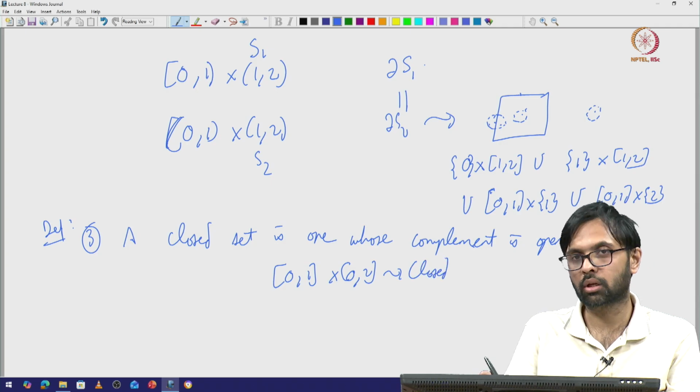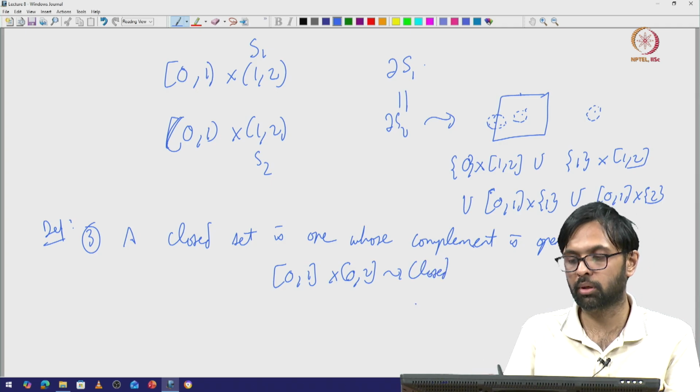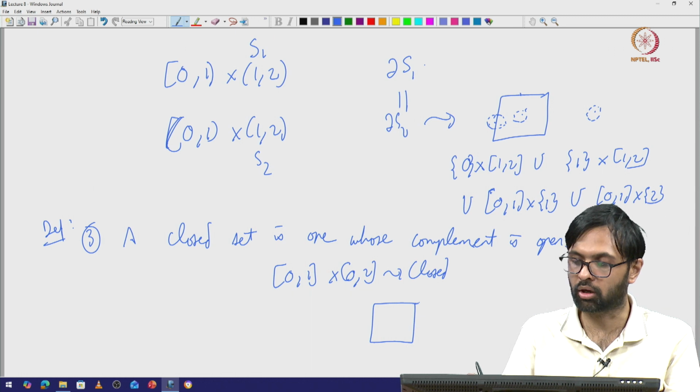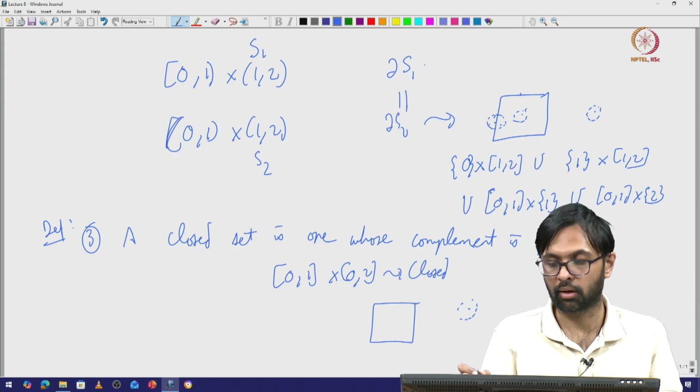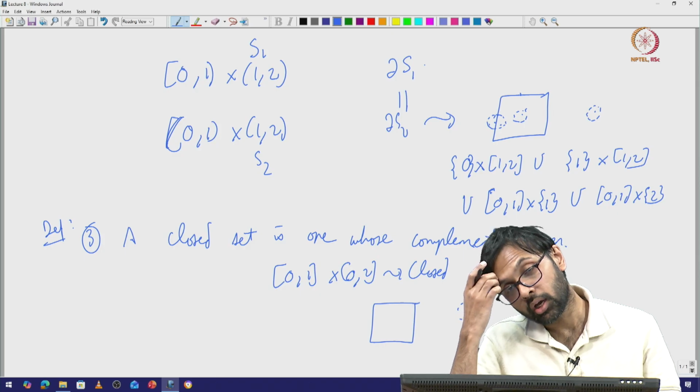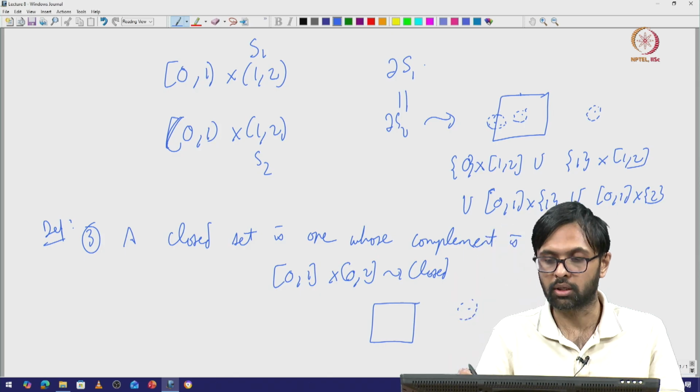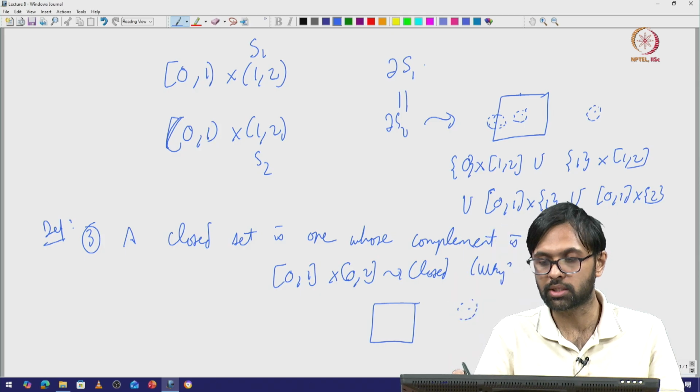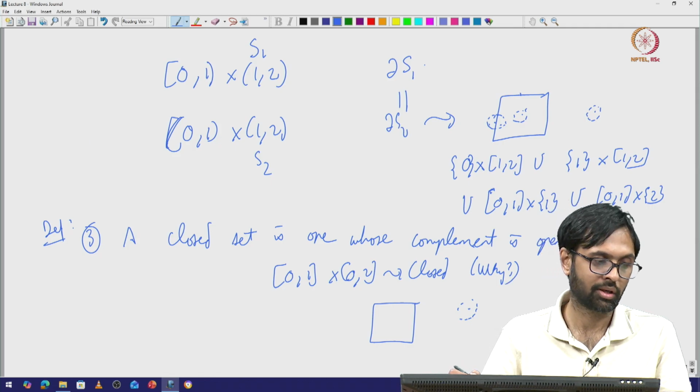And why is this closed? Well, what is the complement? From the picture it's clear that if you take any point in the complement, you can always find a small enough ball that does not intersect this rectangle. But again, I urge you to prove this rigorously. Why is this closed? In other words, why is the complement of this open?